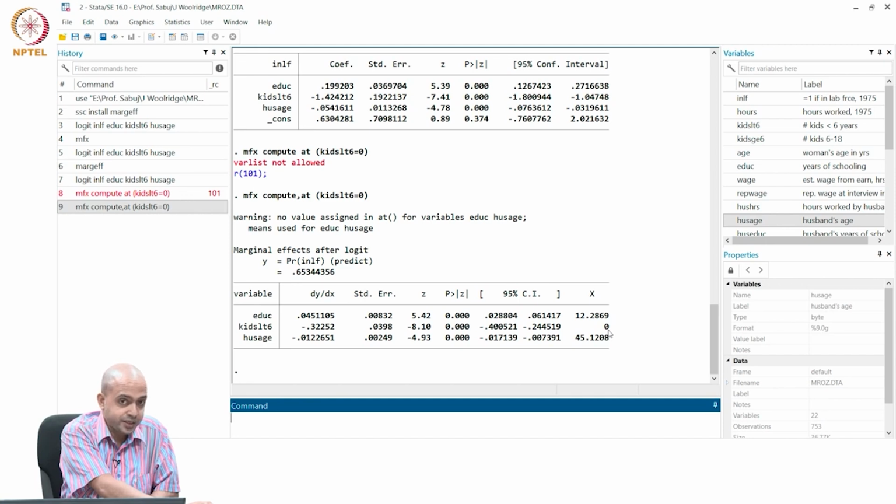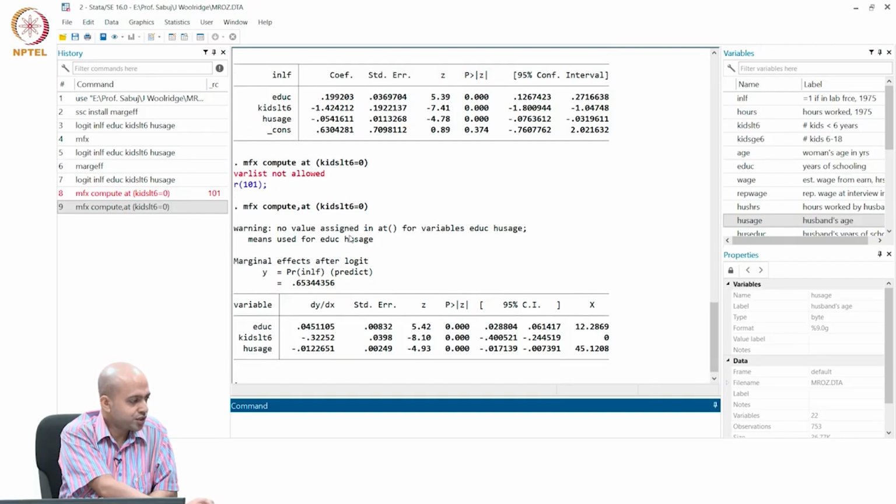So, when the married woman does not have any kids, at that situation when education changes by 1 unit, what is the change in probability? When husband's wage changes by 1 unit, what is the change in probability? And when kids changes by 1 unit, this is very important. Now, see, from 0 kids to 1 kid, what is the change in probability? 0.32, right.